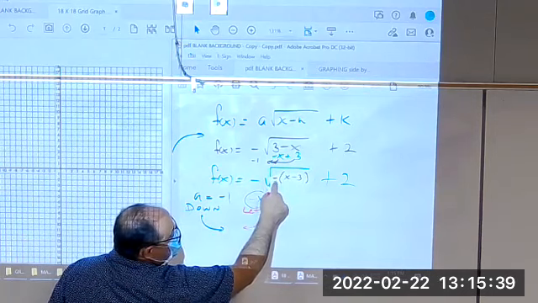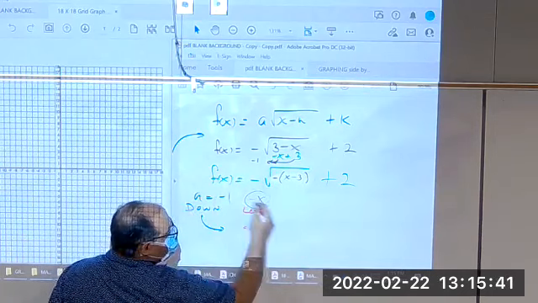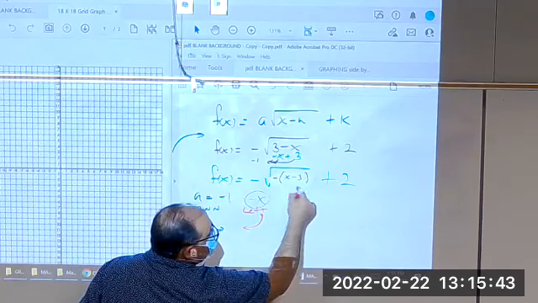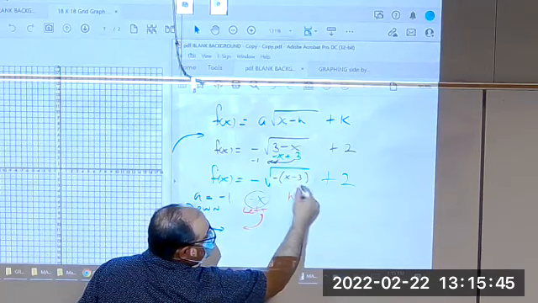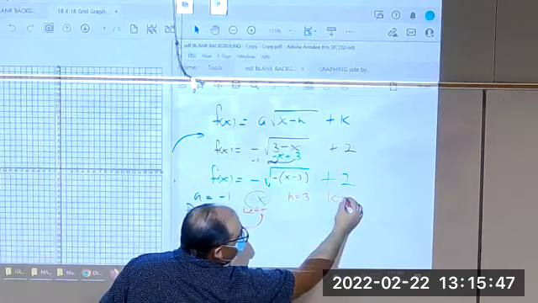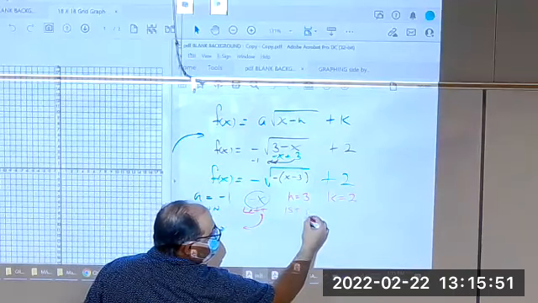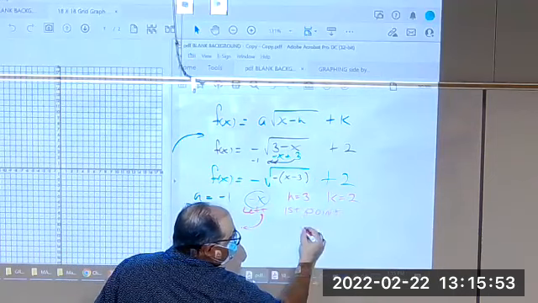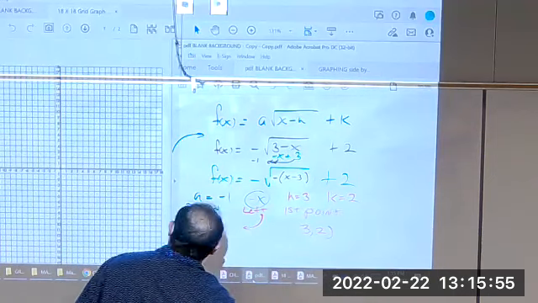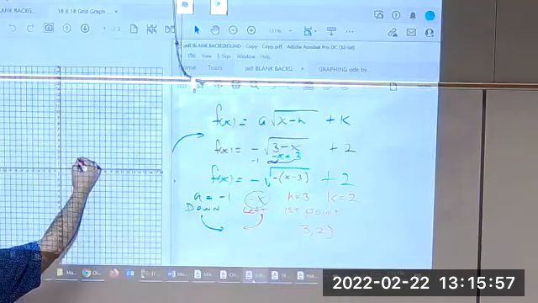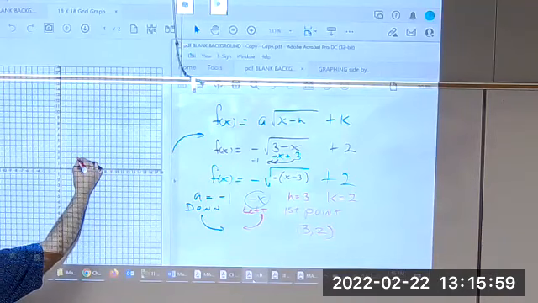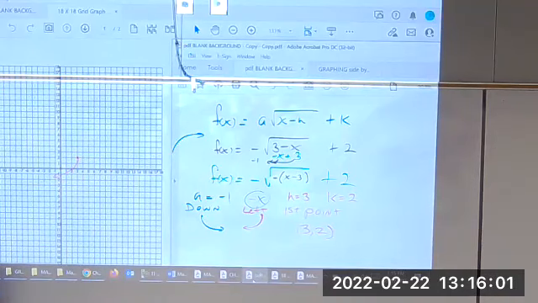So now we know that there's a flip this way. H is a positive 3 inside that parentheses. K is a positive 2 on the outside. So that first point is at 3, 2. Over here. It is still going to go down and to the left that way. Still going to go that way.